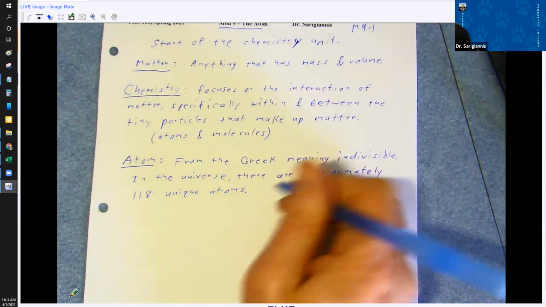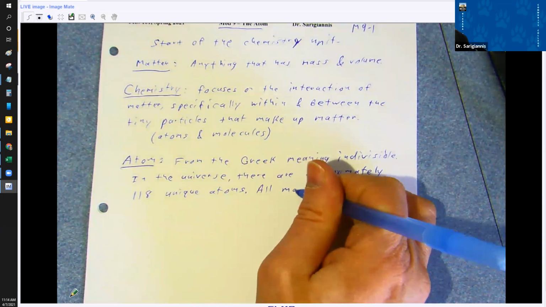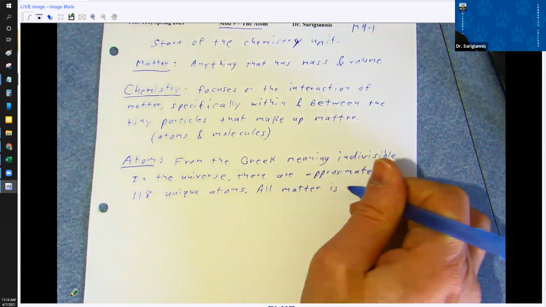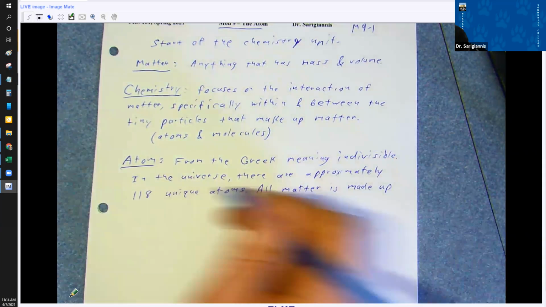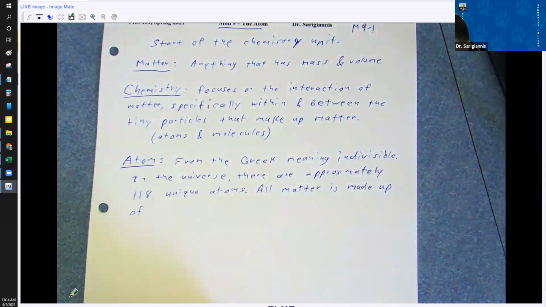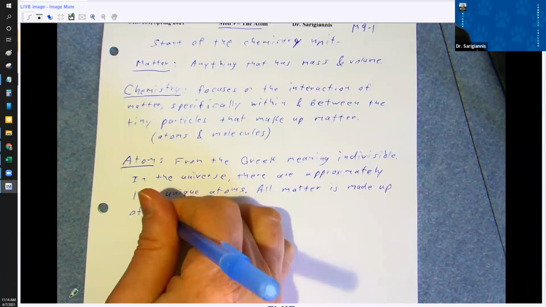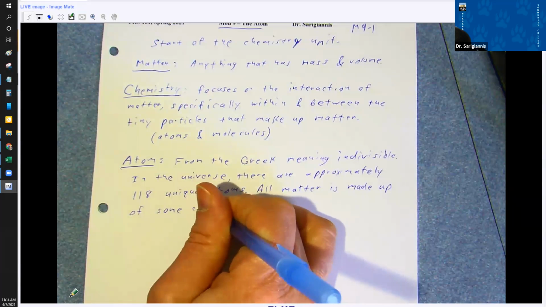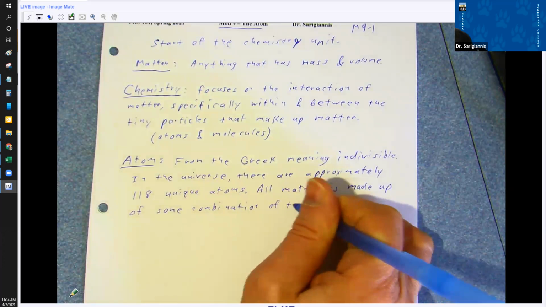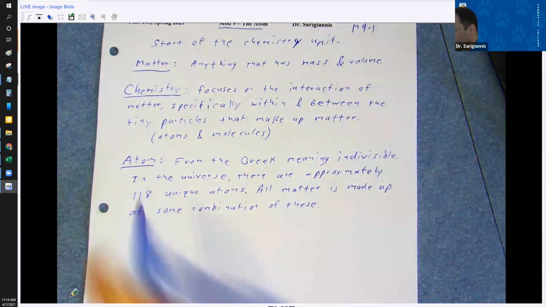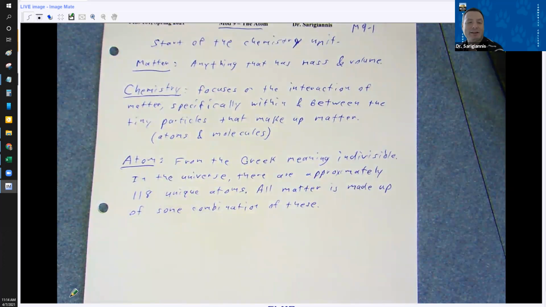All matter is made up of some combination of these. And the 118 is a little bit misleading because a lot of these, especially the newer ones, are man-made and radioactive and have very short half-lives. So you're really looking at less than 100.